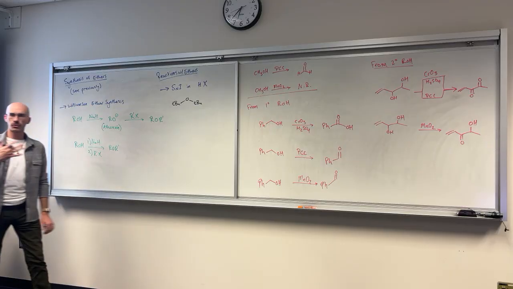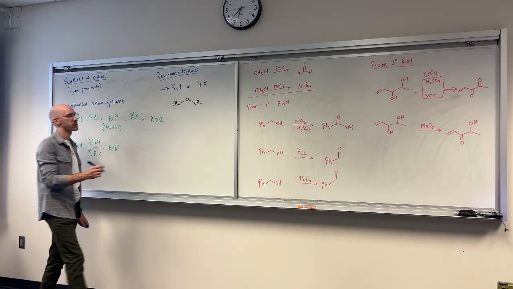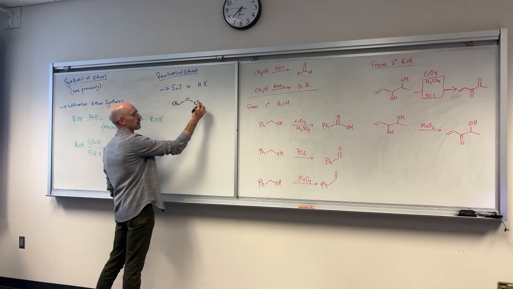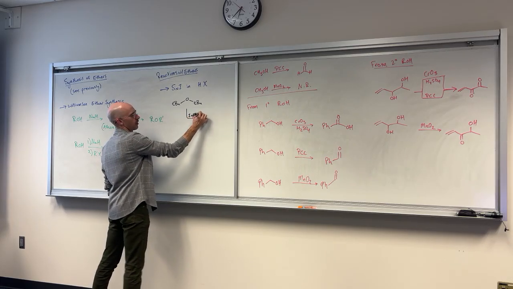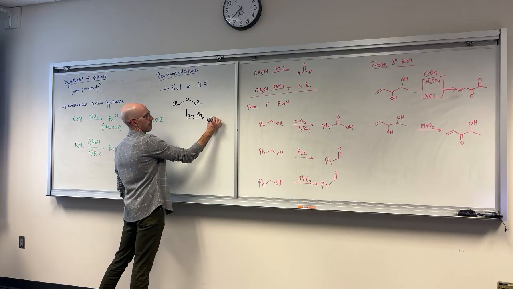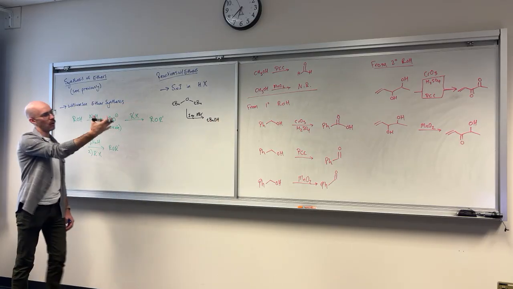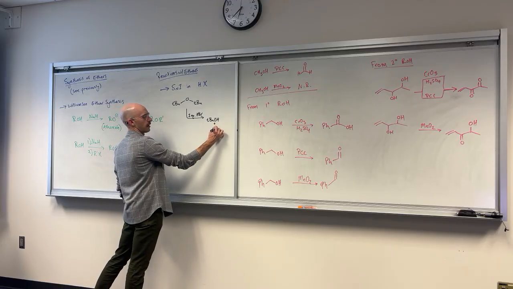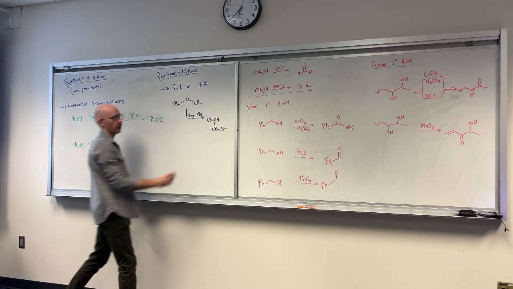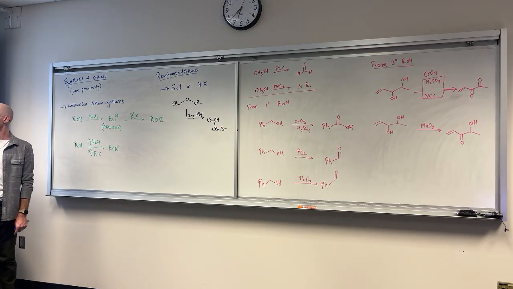So I've got tert-butyl on both groups. If I add one equivalence of HBr, I will substitute one side of that ether. I get tert-butanol, and I get tert-butyl bromide.